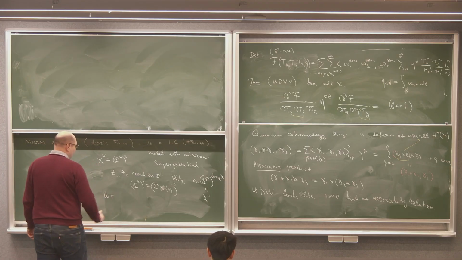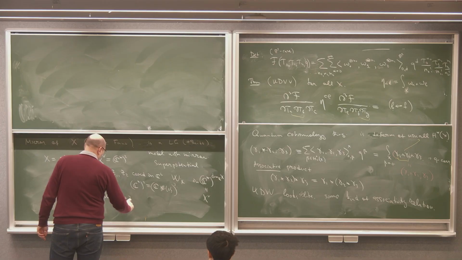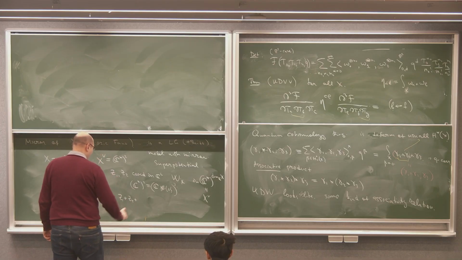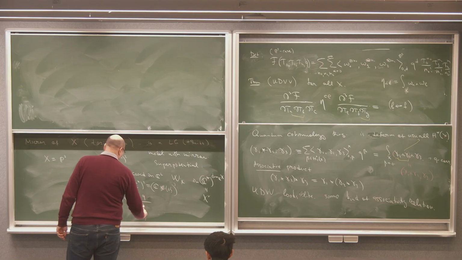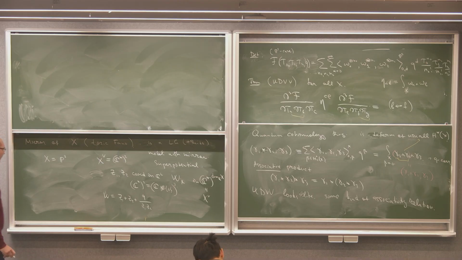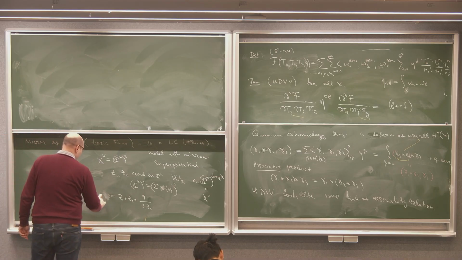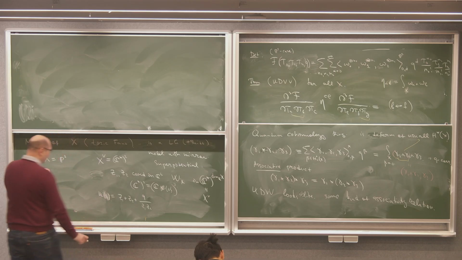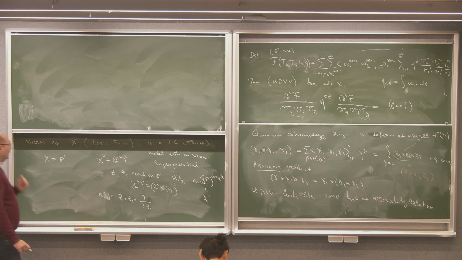Then the mirror superpotential is Z1 plus Z2 plus q over Z1 times Z2. So the mirror superpotential is a function of q.